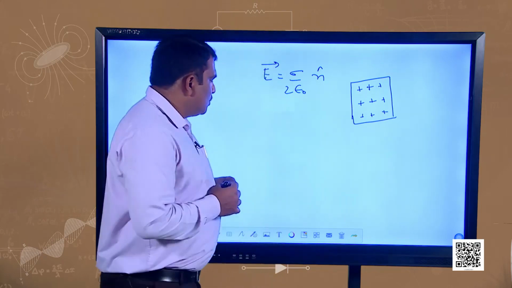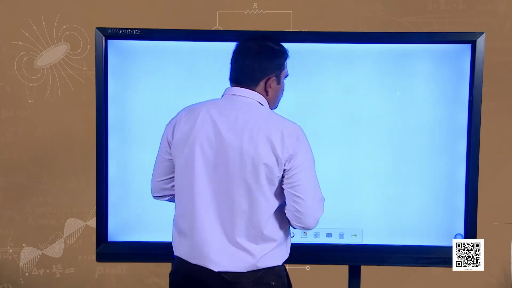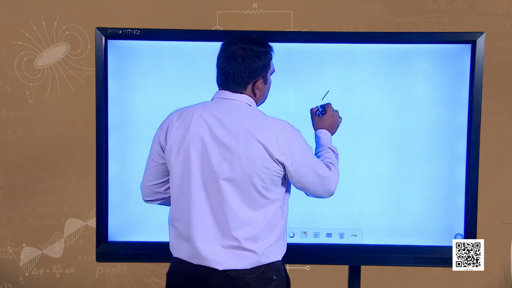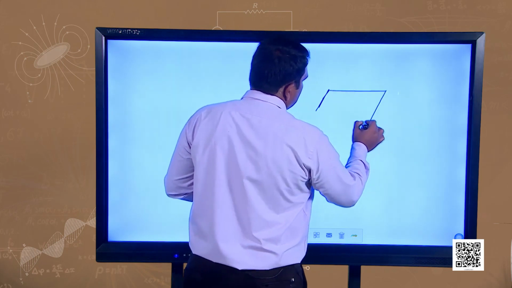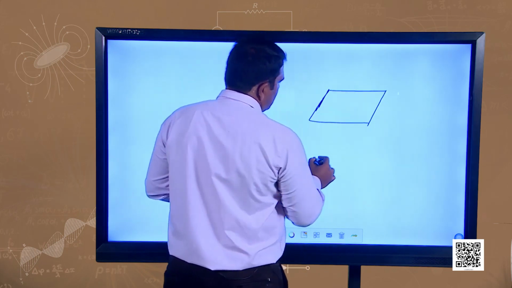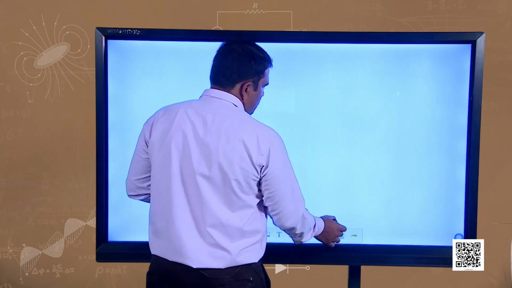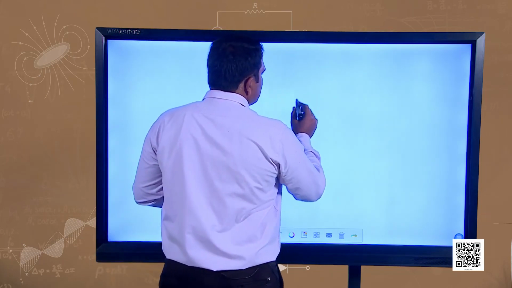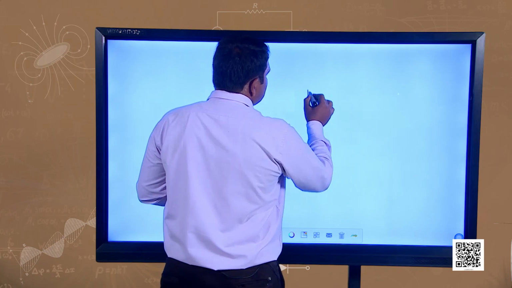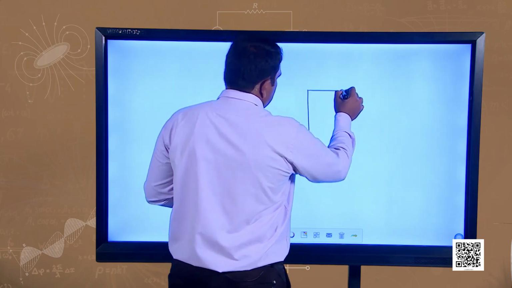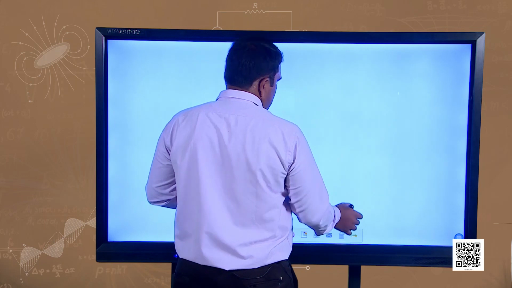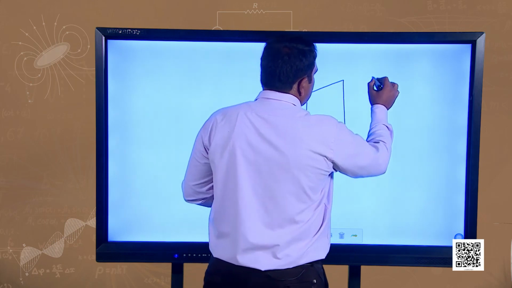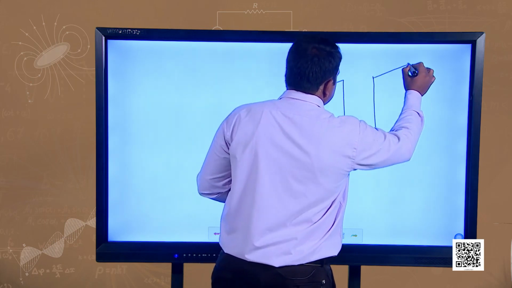Now, in question you are given two sheets which are of equal and opposite charge density.